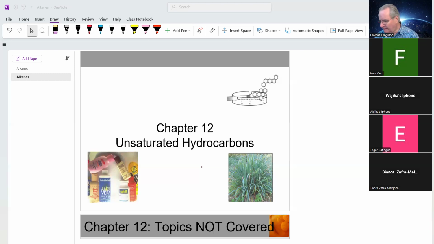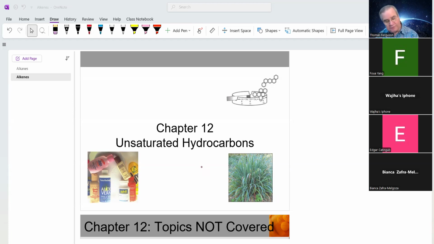Whenever we have a double or triple bonded carbon in the hydrocarbon, we call it unsaturated. Alkanes are saturated, meaning there are only single carbon-carbon bonds. Unsaturated usually means a mixture of double and single bonded carbons.